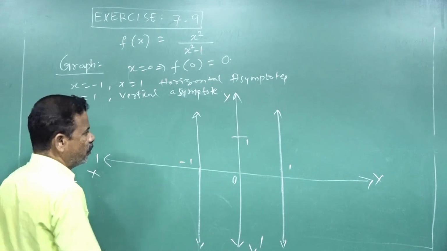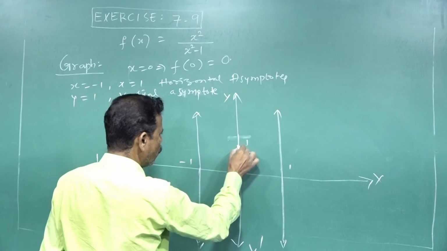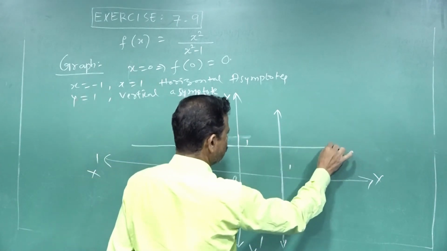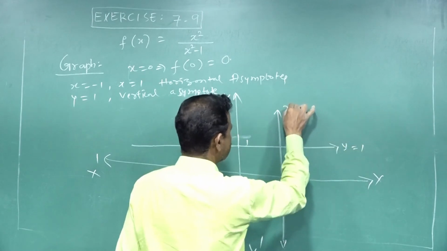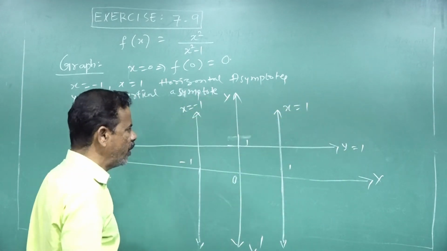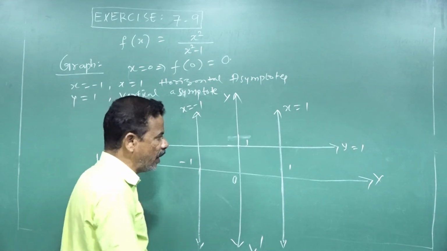After that, y is equal to 1, one horizontal asymptote. Three asymptotes are there, no slant asymptote here.